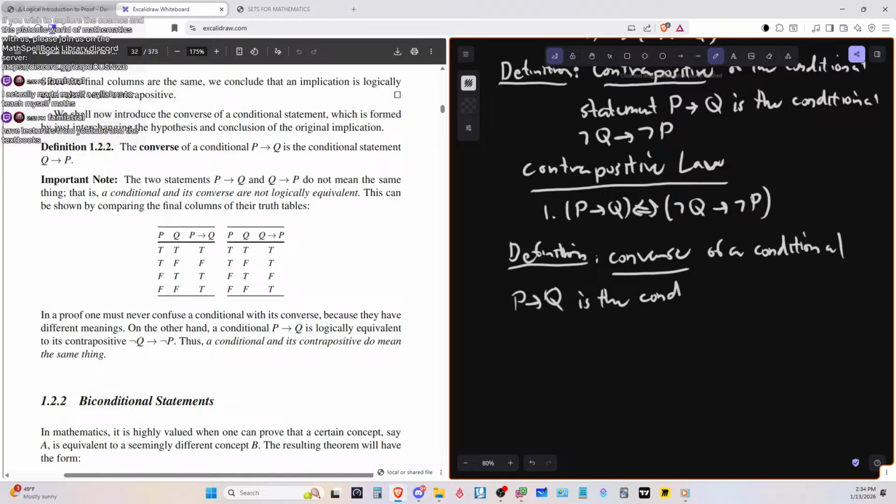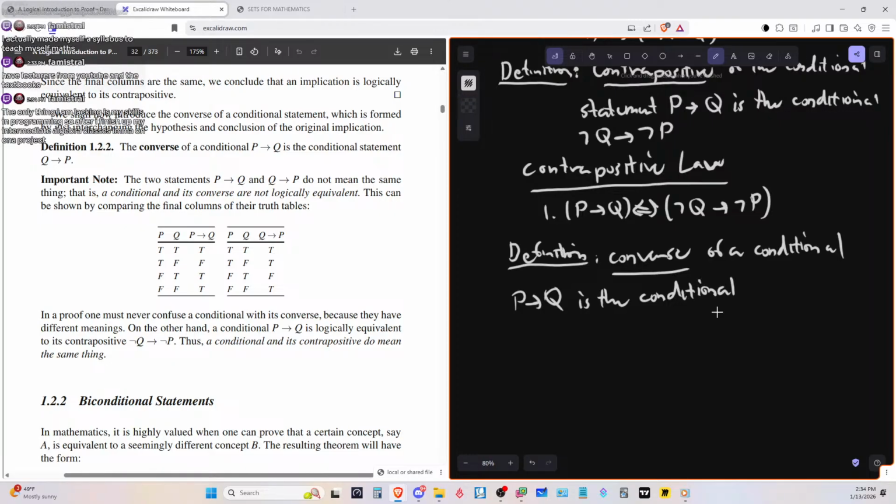Oh, okay, so basically you just do if P implies Q, then Q implies P. Okay, that's an interesting one.